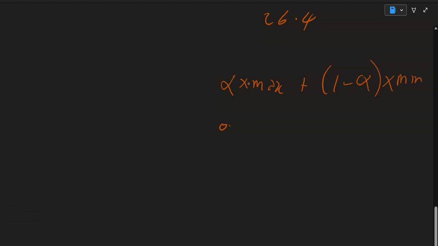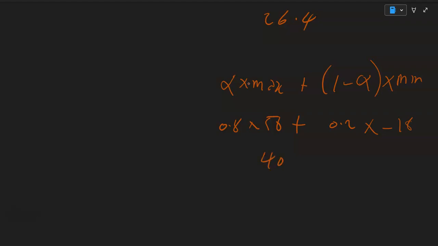So we have 0.8 multiplied by 50 plus 0.2, which is 1 minus 0.8, times negative 18. 0.8 multiplied by 50 is going to be 40.